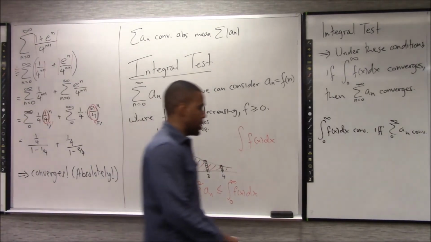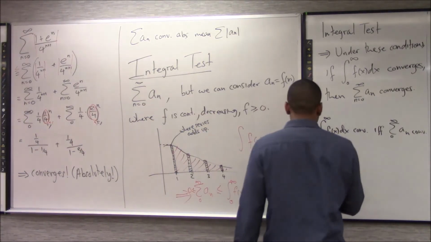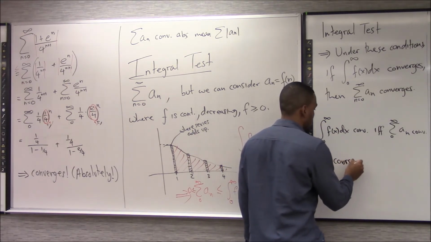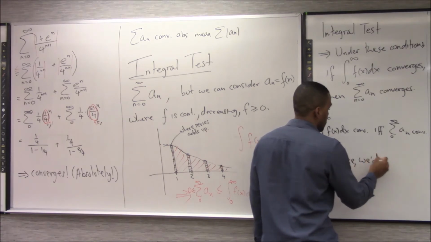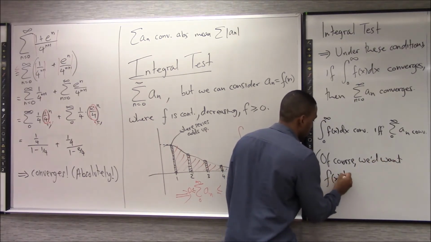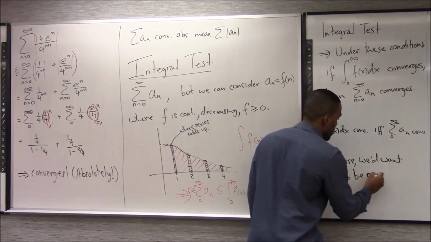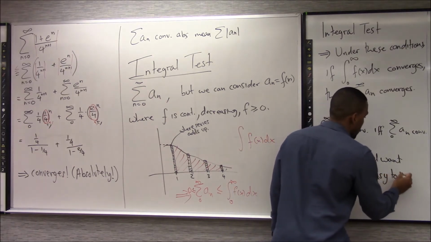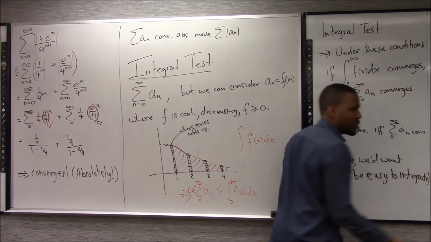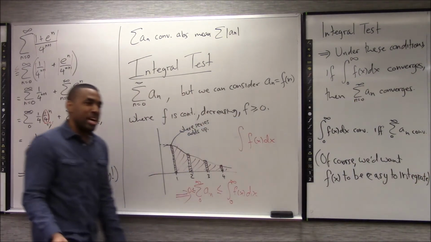Okay. But the idea is of course, we want f of x to be easy to integrate. If you're running away from a hard series problem and you just run into a hard integral problem, I don't know how much benefit that would be to you.